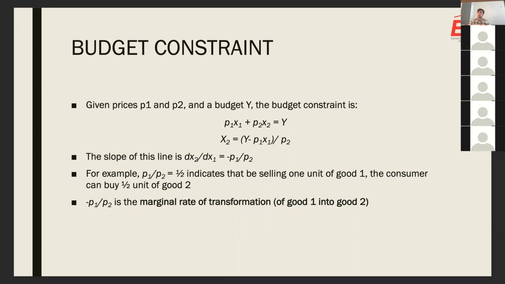For example, if the ratio price 1 divided by price 2 equals 1/2, that would indicate that by selling 1 unit of good 1, the consumer can buy half a unit of good 2. This is also referred to as the marginal rate of transformation, basically the ratio at which we can transform good 1 into good 2.